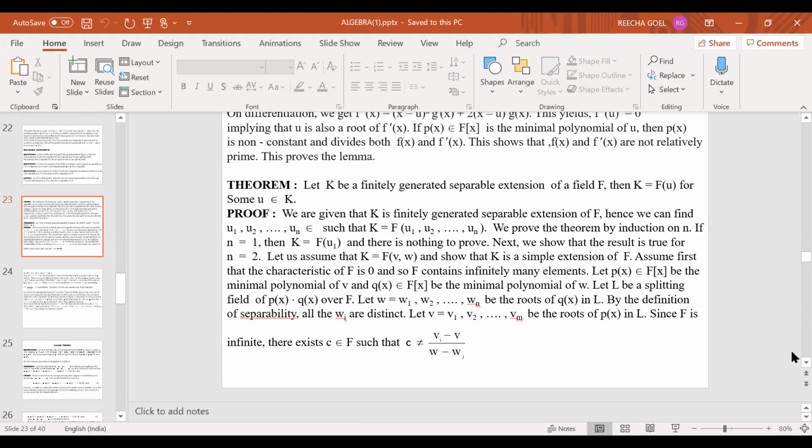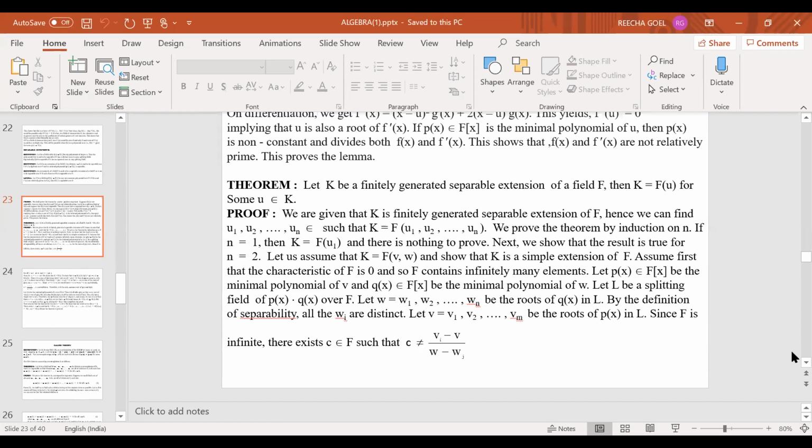Let us consider the common polynomial to be p(x) times q(x). The product of two polynomials is again a polynomial, so we can talk of the splitting field of this particular polynomial p(x)q(x). So let L be the splitting field of p(x)q(x), and then p(x) and q(x) both split in L. So let these be the roots of q(x) in L, and v = v1, v2, ..., vm be the roots of p(x) in L. They are all distinct roots.